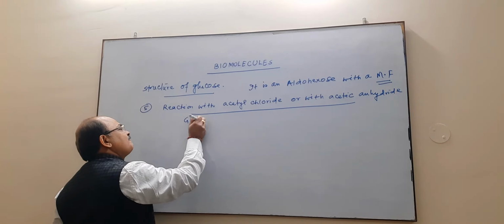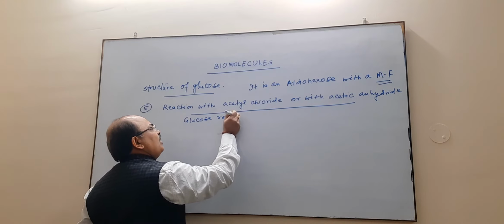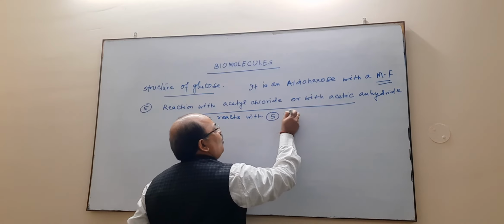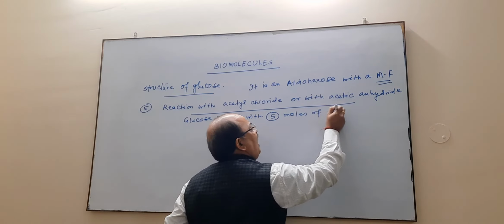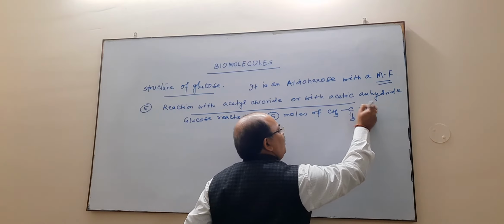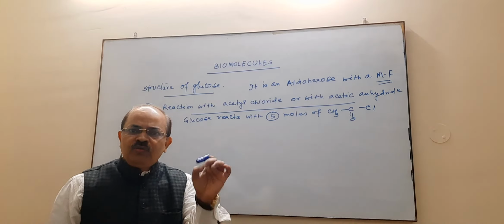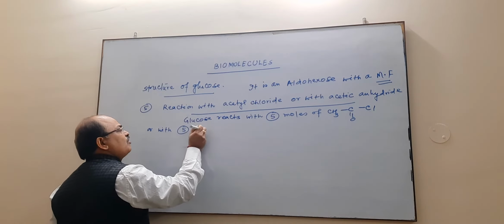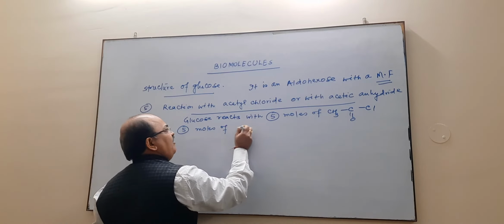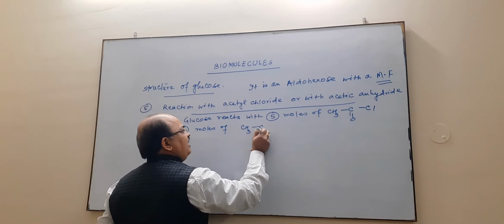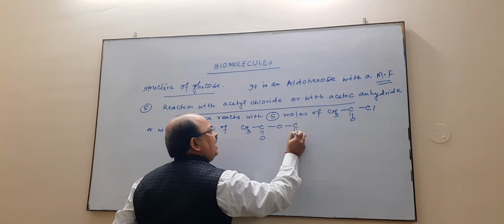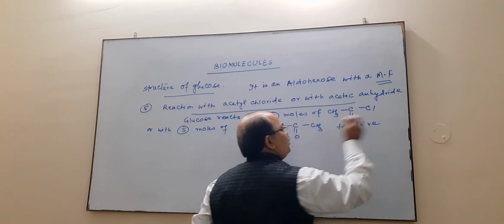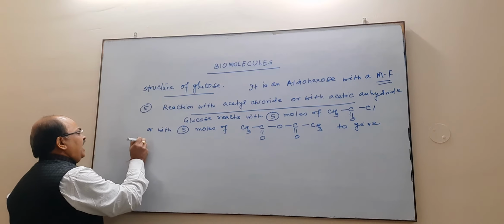Glucose reacts with 5 moles of acetyl chloride. The formula of acetyl chloride is CH3COCl, or with 5 moles of acetic anhydride. Formula of acetic anhydride is CH3COO, again COCH3, to give glucose pentaacetate.